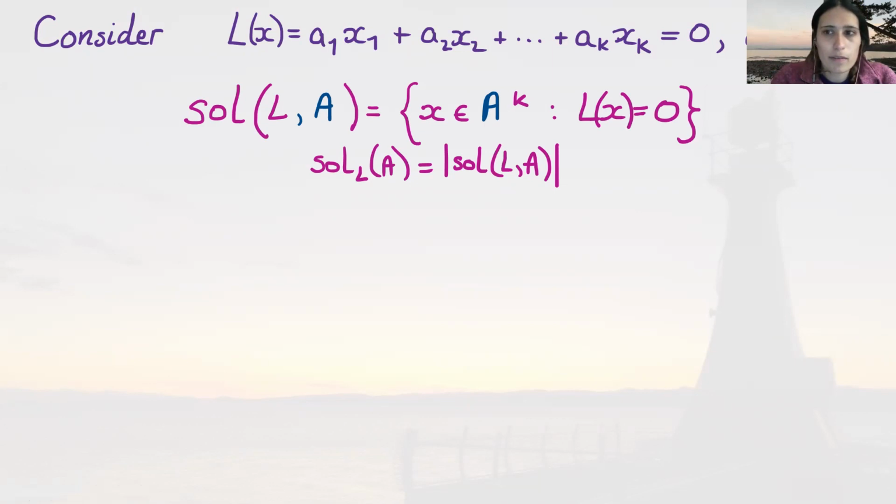So take your favorite finite field. It's sometimes helpful to have this notation, sol little L A, because there's not so much space on the slide. And if I want to write lots of lines, it's just going to mean the same thing.